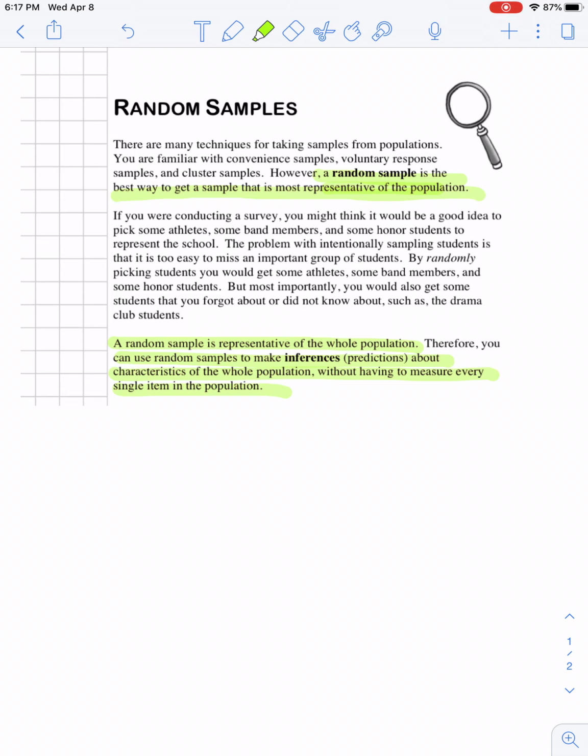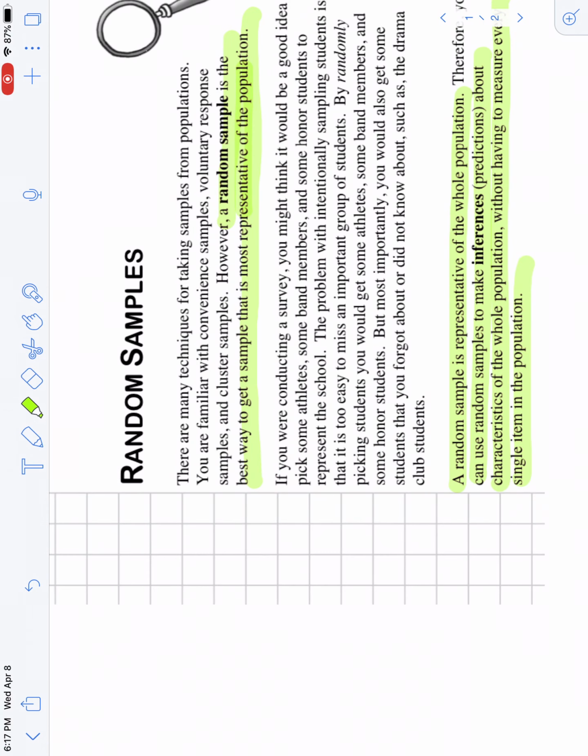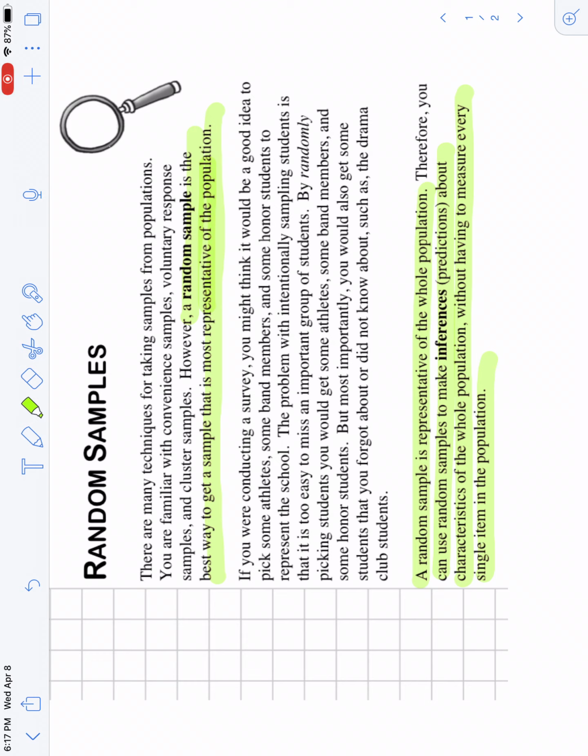The last paragraph here says a random sample is representative of the whole population. Therefore, you can use random samples to make inferences or predictions about the characteristics of the whole population without having to measure every single item in the population. Okay, so you want to take a good representative sample because a representative sample would be a good random sample.